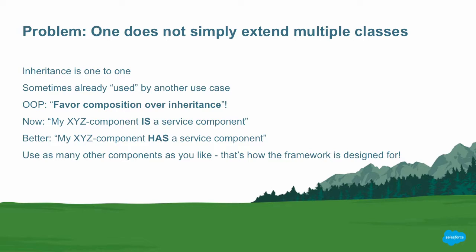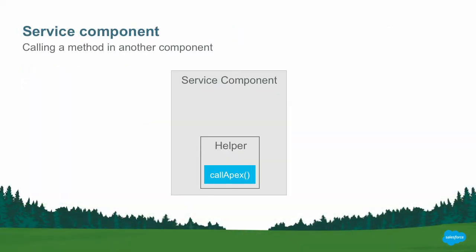Okay, so let's take the same approach we tried before with inheritance, and do it with composition. So I really create a service component, a real component, no base class, nothing there, just a real component. And I have the helper with my call Apex class. So far, so good. Now I have another component, and as I said, business logic is normally done in the helper.